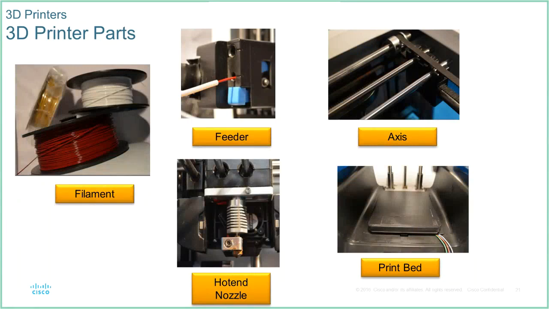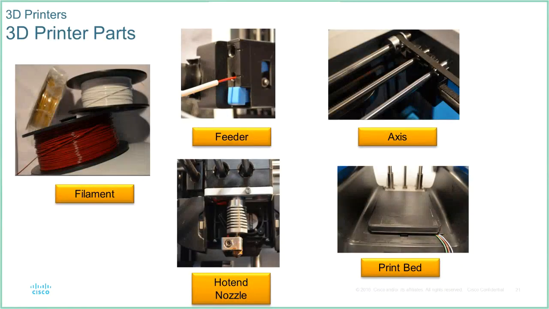So basically a filament comes into a feeder. It gets put through a nozzle, and the printing bed is underneath, and it'll raise and lower as it's building the model. And then your printing head is on an axis, so it can also move around in all directions.